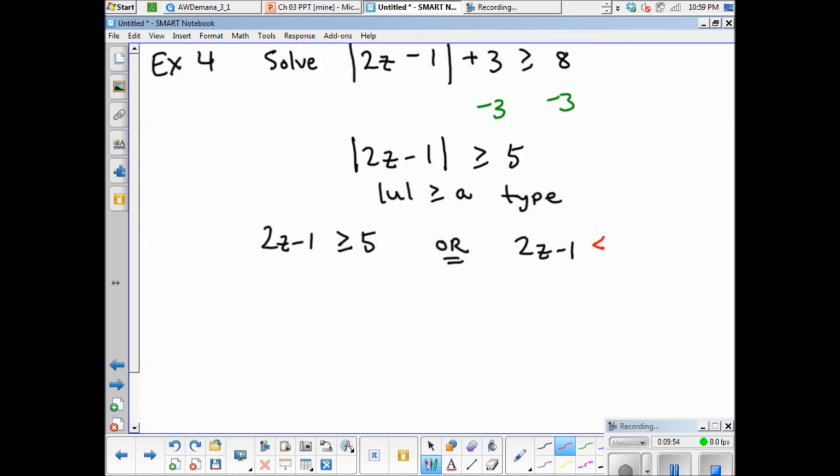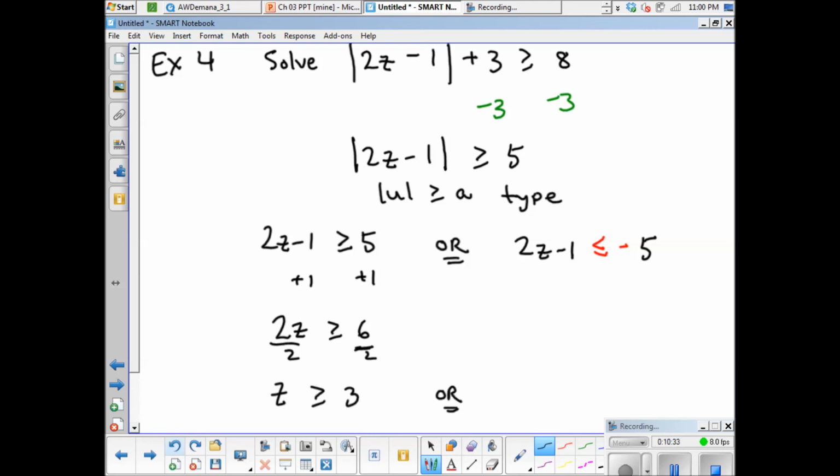Less than or equal to negative 5. And solve. Okay, so this gives us z is greater than or equal to 3.